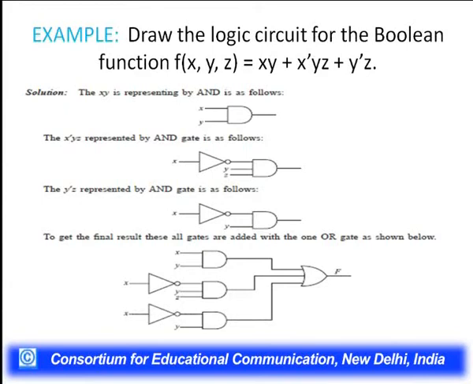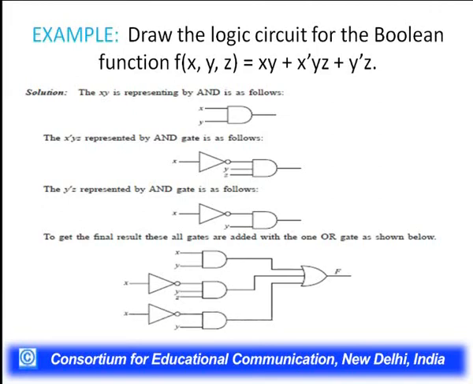The Boolean function is given here: f(x, y, z) equals xy plus x' yz plus y' z. Now how can we draw the circuit for the function? In this question there are three terms: first xy, next x' yz, and the third term y' z. First draw a separate circuit for each term.